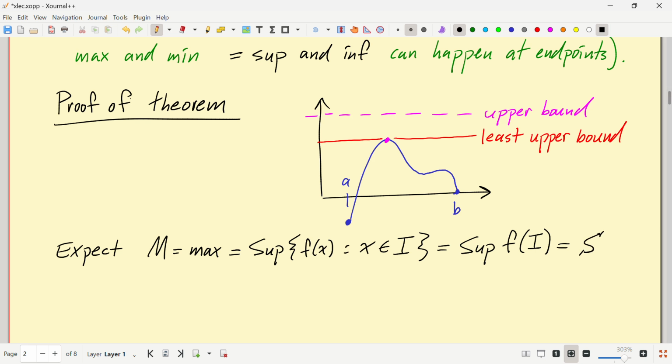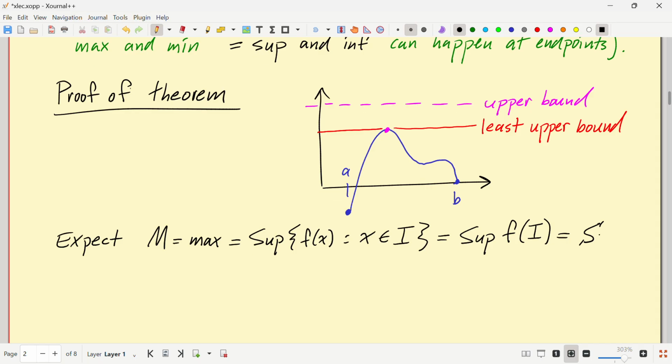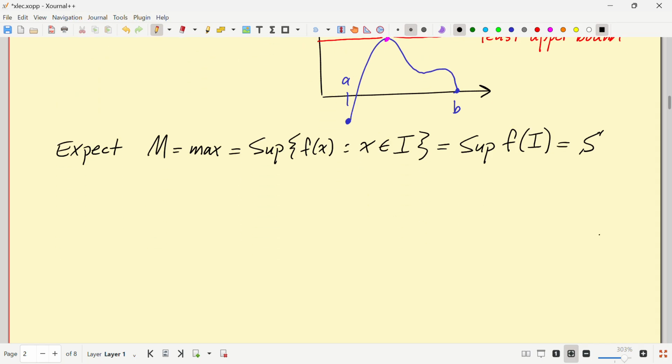Okay, we expect that. And there was a key property of sups that we demonstrated soon after defining it, and we were doing that because of this moment today.